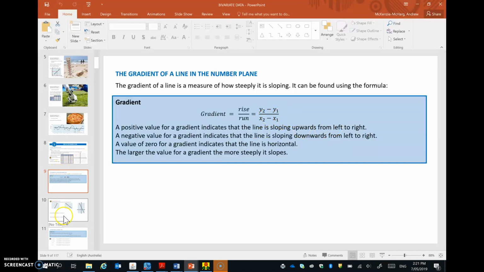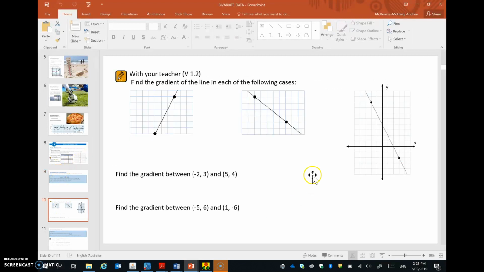Of course the gradient gives us the slope of the line, and rise over run will give us that value. Starting from the leftmost point, we're going to go up until we're in line with the next point.